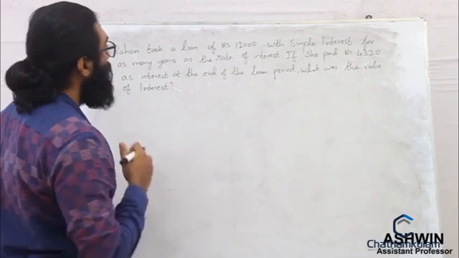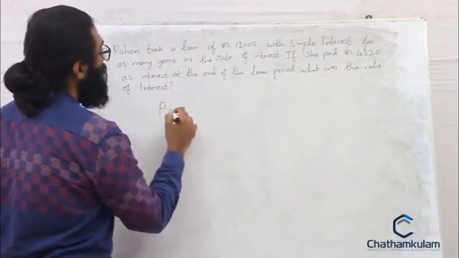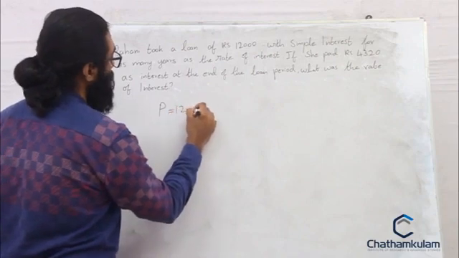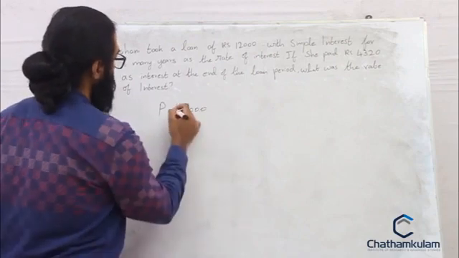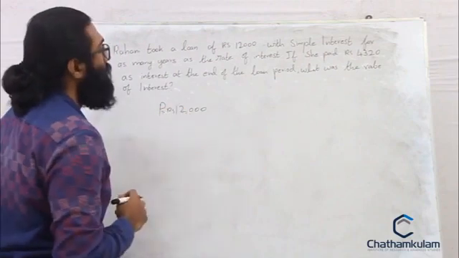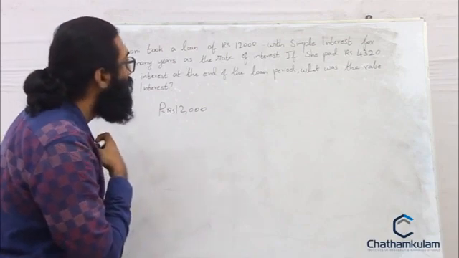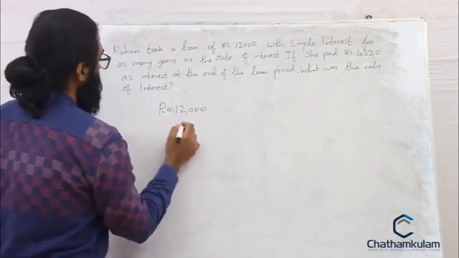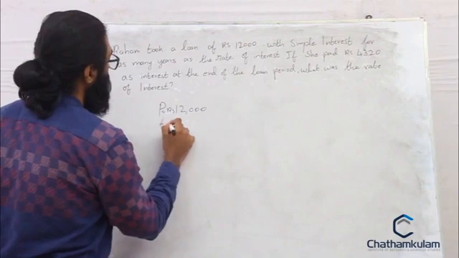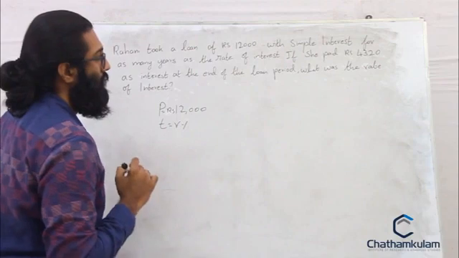Rahini took a loan of rupees 12,000. So P is equal to 12,000 rupees. Then with simple interest for as many years as the rate of interest. Therefore, time is equal to rate of interest.